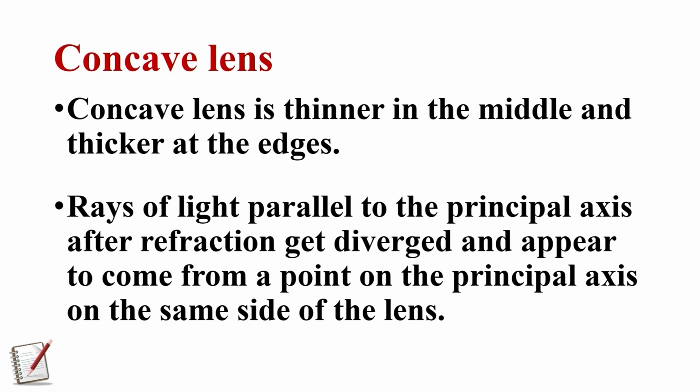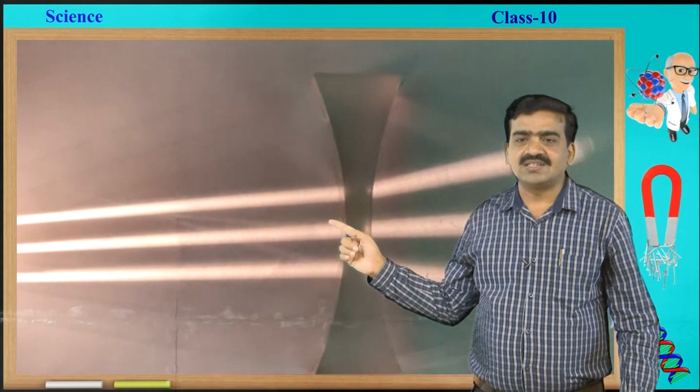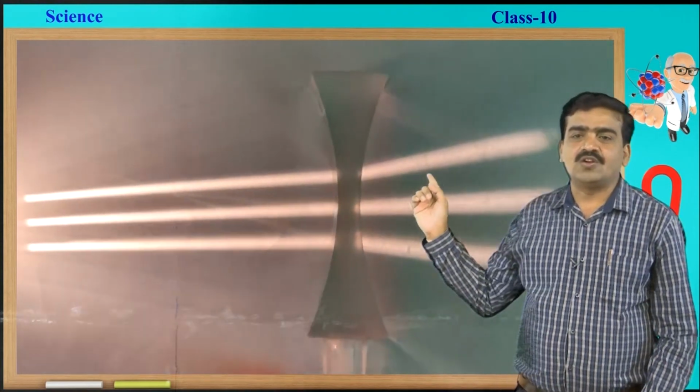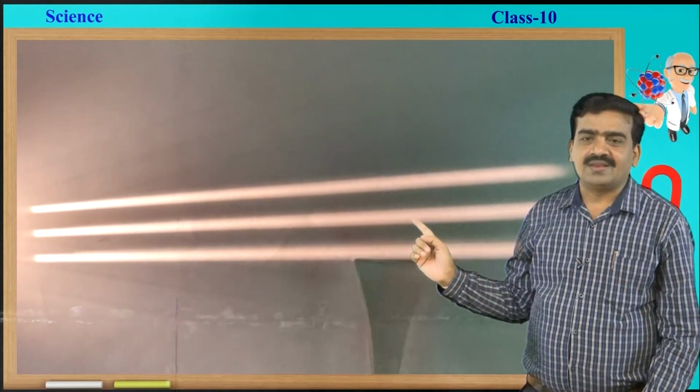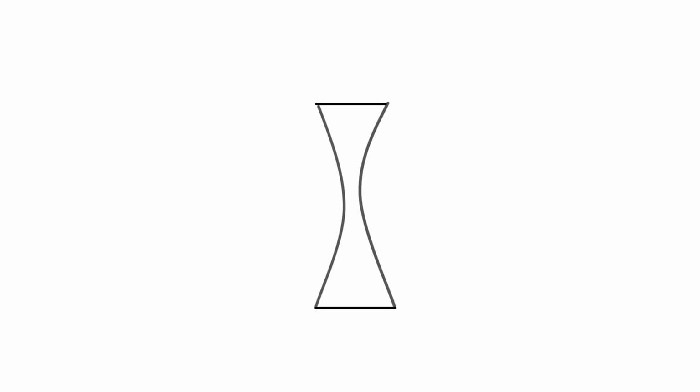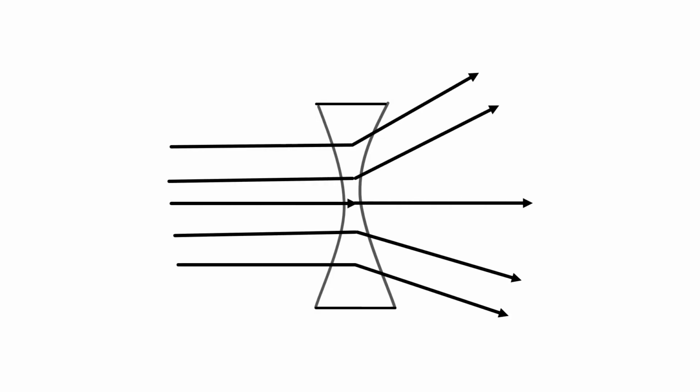Here, the concave lens diverges the rays of light, that is, a ray of light parallel to the principal axis, after refraction, gets diverged and appears to come from a point on the principal axis on the same side of the lens, and you can notice the divergence of the concave lens. Here the ray which is parallel to the principal axis, after refraction, is going to be diverged. So, we can draw the ray diagram like this.